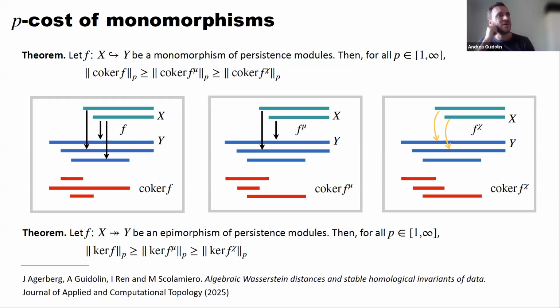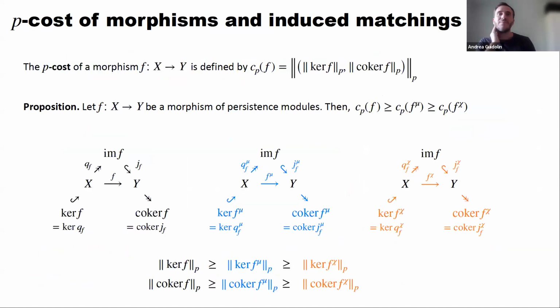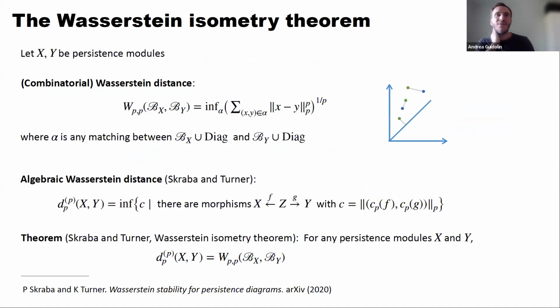Oh, it's interesting. No, I've never thought about that. I know that exactly as you mentioned, for p equals infinity, there is this interleaving of sublevel sets, which algebraically gives you an interleaving of persistence modules, which in turn can be used to define the interleaving distance.